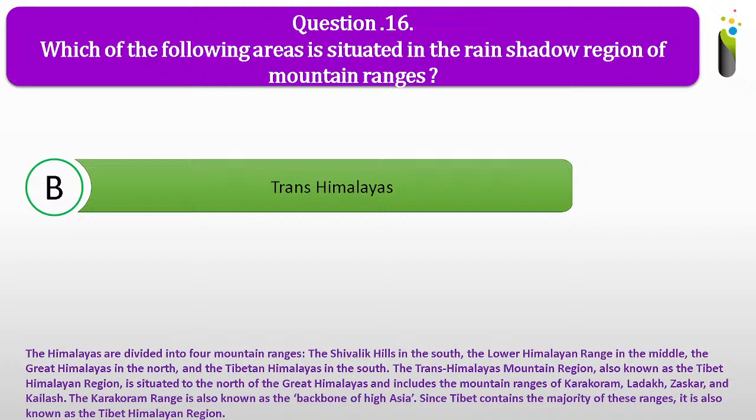The Trans Himalayas mountain region, also known as the Tibet Himalayan region, is situated to the north of the Great Himalayas and includes the mountain ranges of Karakoram, Ladakh, Zaskar, and Kailash. The Karakoram range is also known as the backbone of High Asia. Since Tibet contains the majority of these ranges, it is also known as the Tibet Himalayan region.